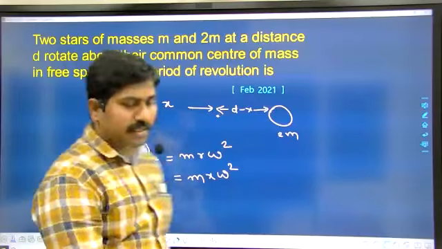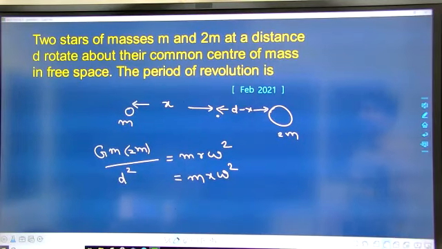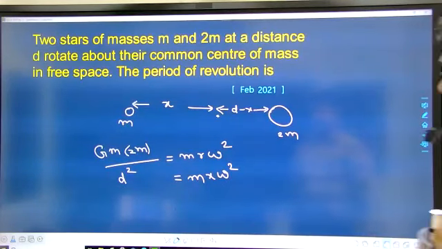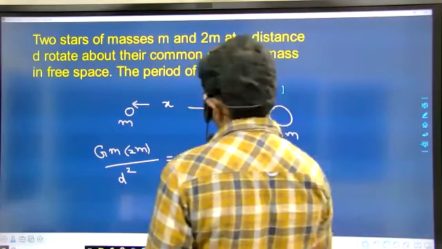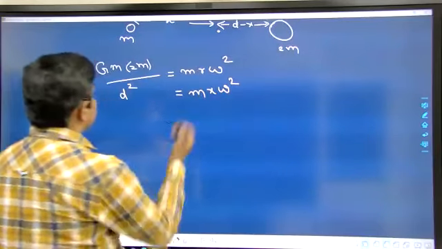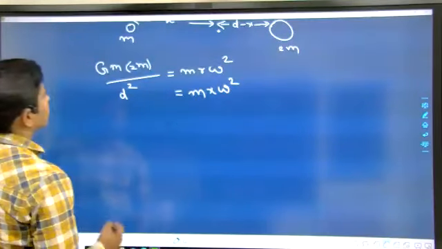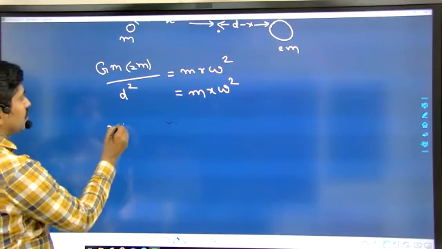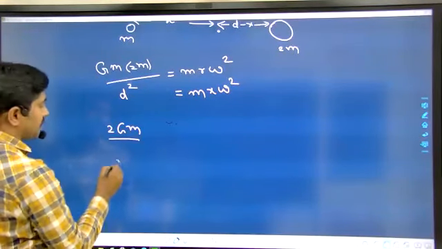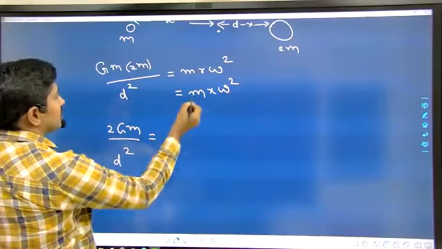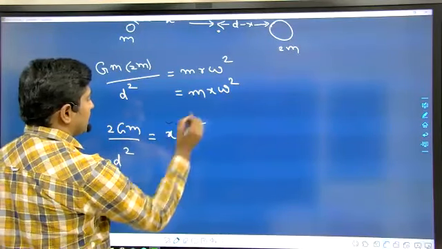Now you can calculate by deriving that and give the answer for the time period. Of course, m and m will get cancelled. What is the remaining equation? 2 G m by d square is equal to x omega square.